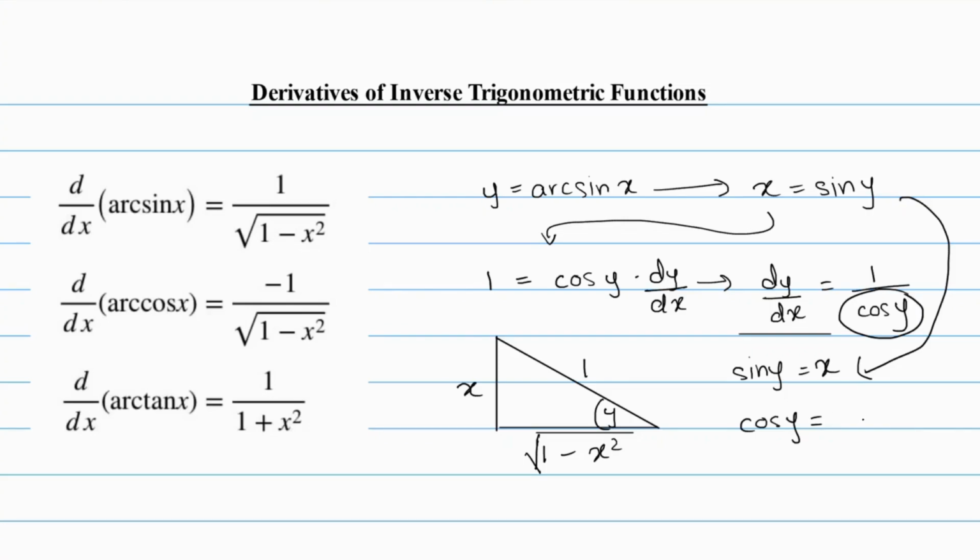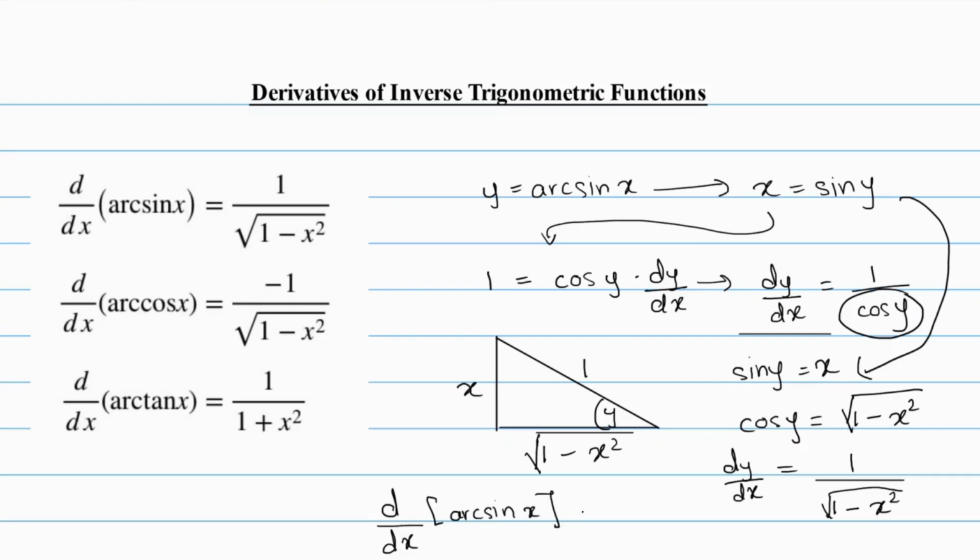That's equal to the square root of 1 minus x squared, and that means dy by dx is equal to 1 over cos y, so that's equal to 1 over the square root of 1 minus x squared.